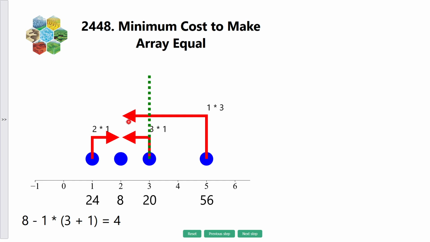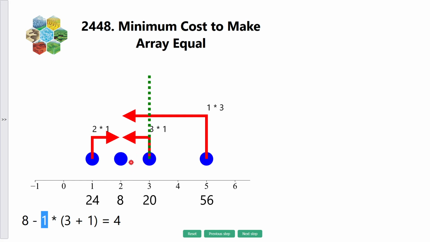So those red lines are going to be cut off. So our total cost is going to be smaller. And what are we going to subtract? We are going to subtract the distance between the current number and the previous number. So the distance is 1. Here, this is the 1.